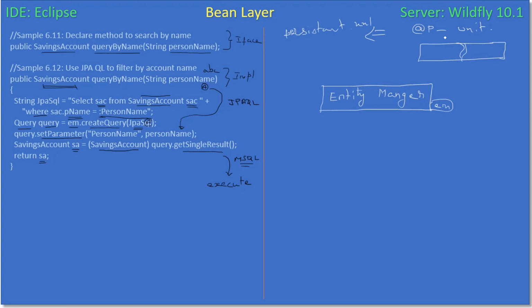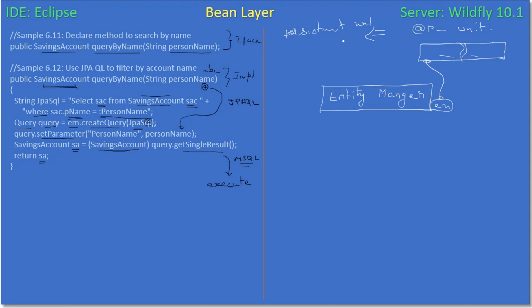So the bean instance contains an entity manager. This entity manager is tied to the bean instance, and in the annotation we specified what entity this entity manager manages, as well as how to connect to the database. Those information will be available in the persistence.xml.